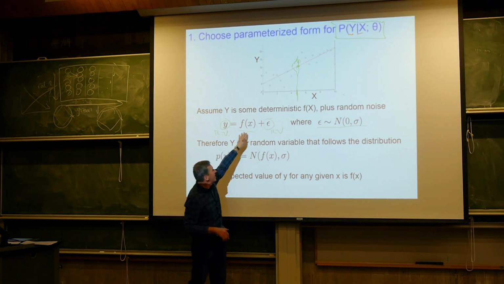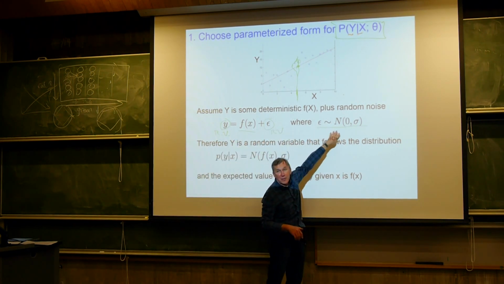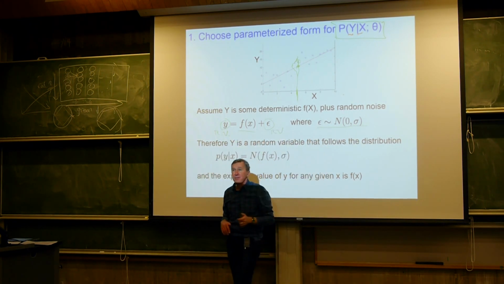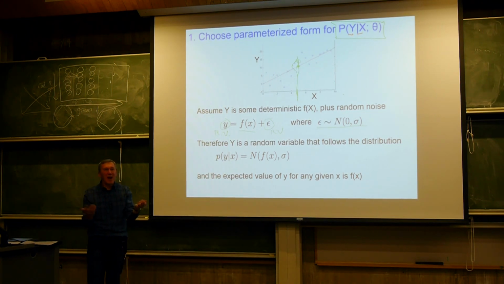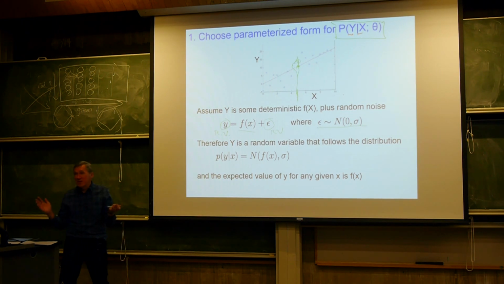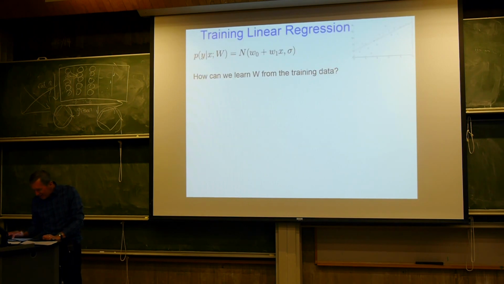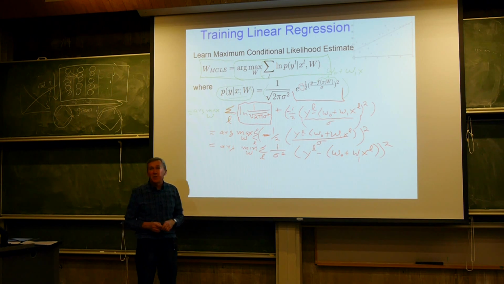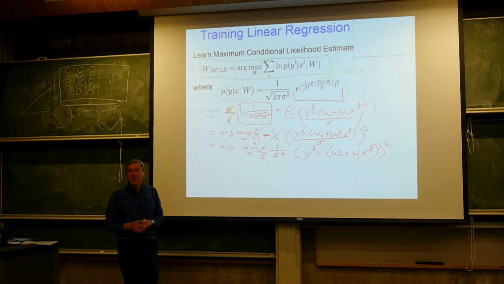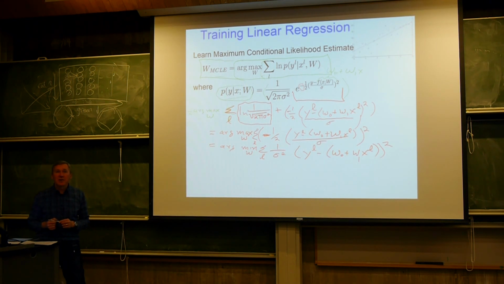That is, our data is perturbed by zero mean random Gaussian noise. So this is very nice. I don't know if people have seen this idea before of minimizing sum of squared errors during curve fitting. It's very pervasive. And here, fortunately, we can see it's just a simple consequence of choosing one of our two standard principles for doing learning.